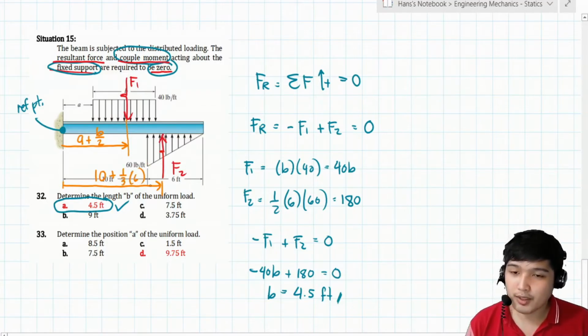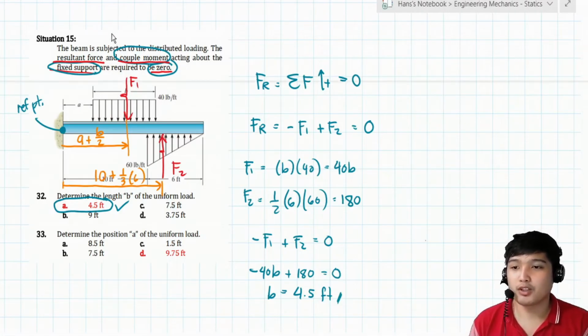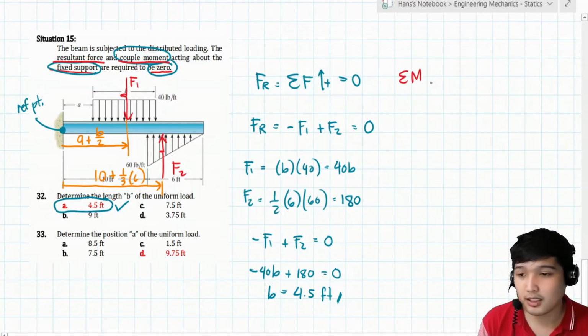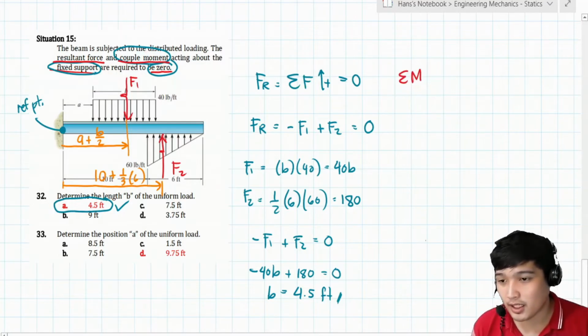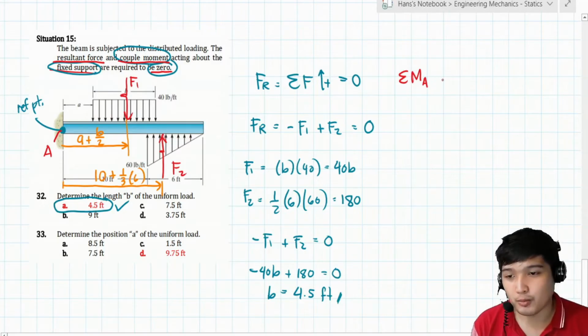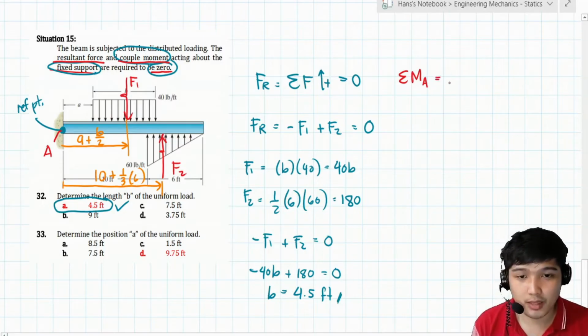So, ano lang yung gagawin natin, class? We take lang yung summation ng moment sa fixed support. So, tawagin natin to, class, as point A. So, we take the summation ng moment at A na lang. And then, sinabi, yung pinagsama-samang moment dapat daw magsi-0.